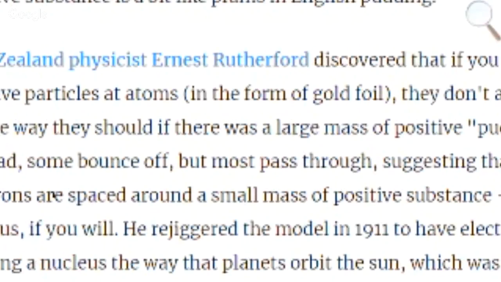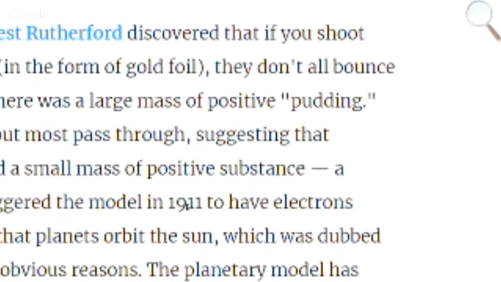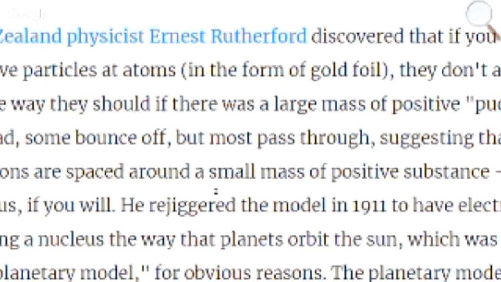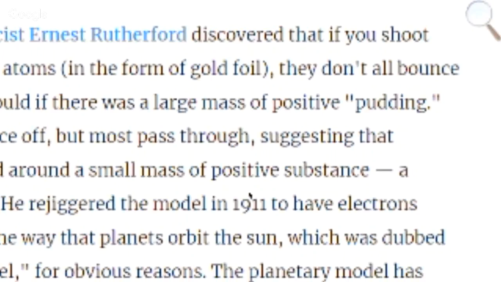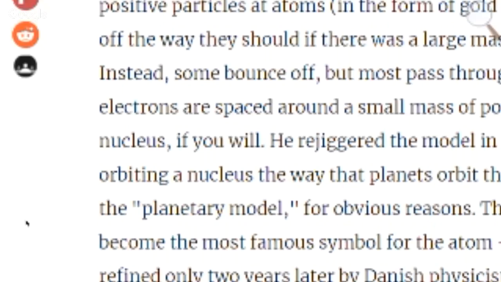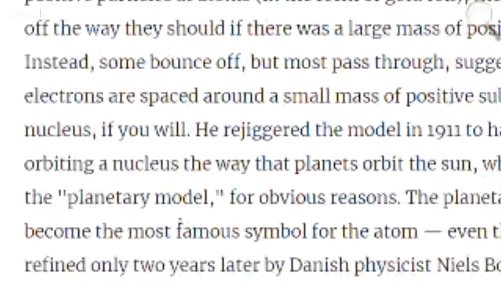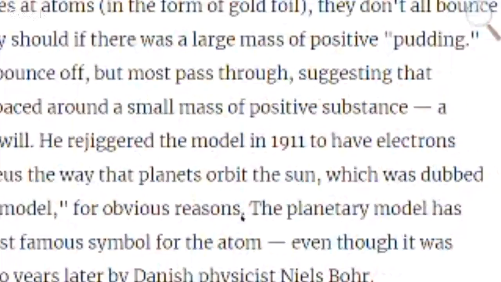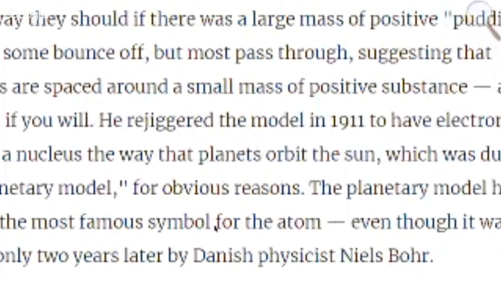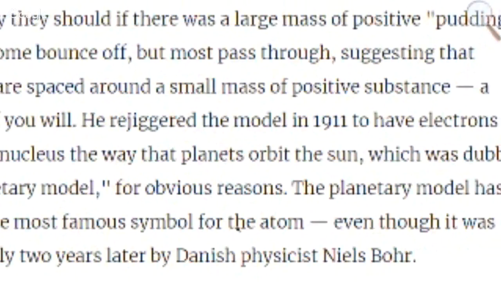Instead, some bounced off, but most passed through, suggesting that electrons are spread around a small mass of positive substance, a nucleus, if you will. He reiterated the model in 1911 to have electrons orbiting a nucleus the way that planets orbit the sun, which was dubbed the planetary model for obvious reasons.